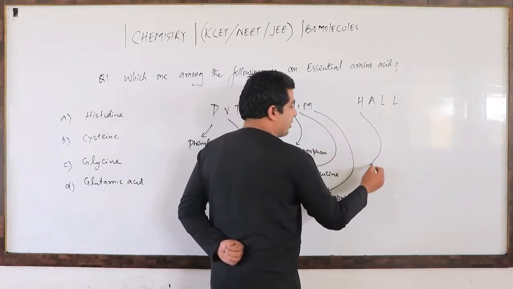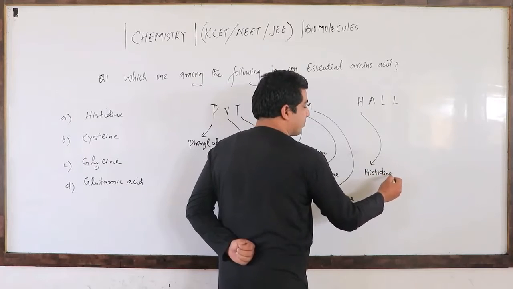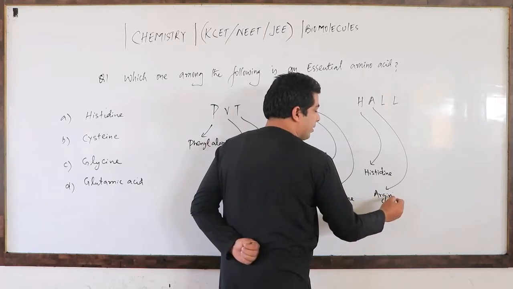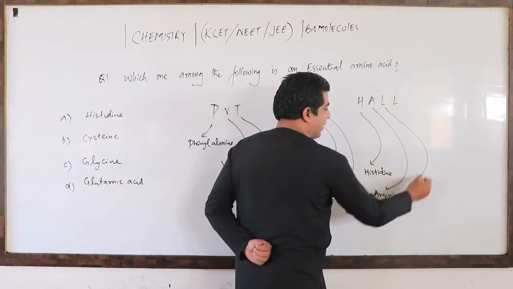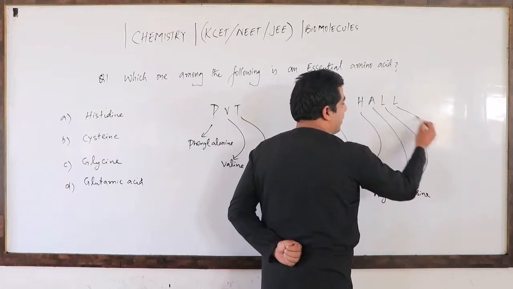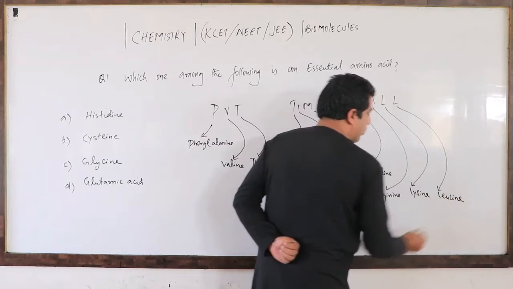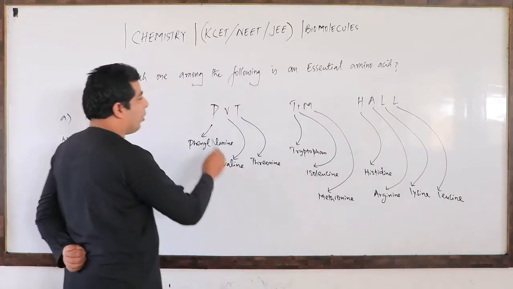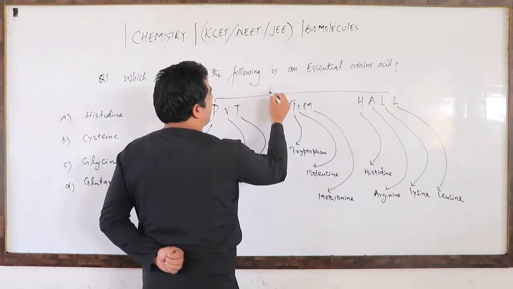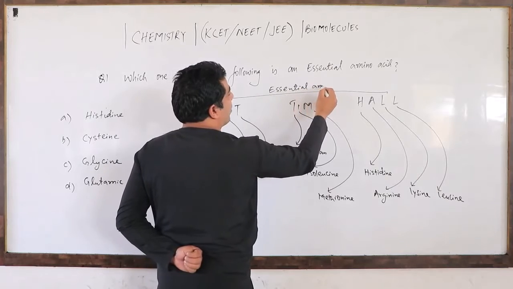Then you have H. H stands for histidine. A stands for arginine. L stands for lysine. And the last L stands for leucine. So my dear friends, these are all your essential amino acids.